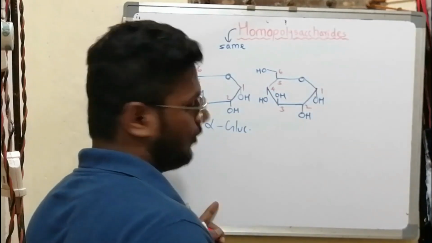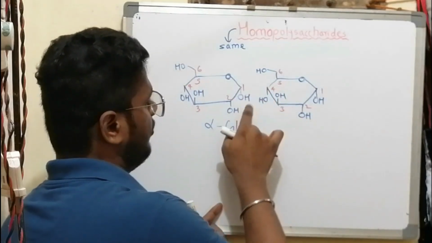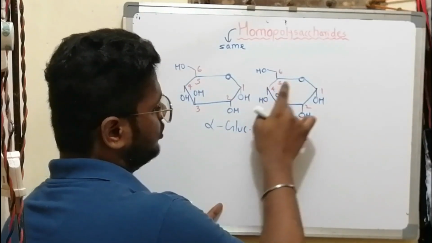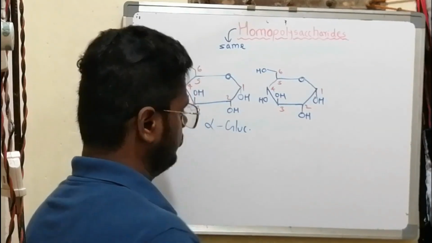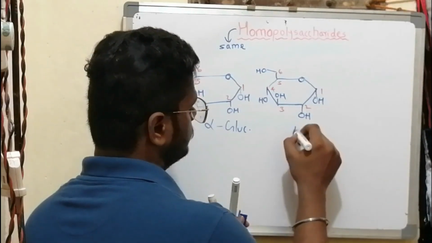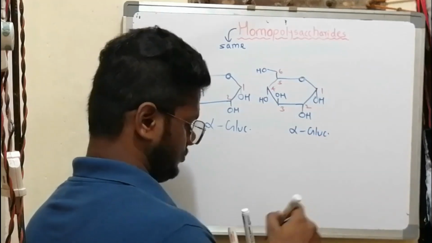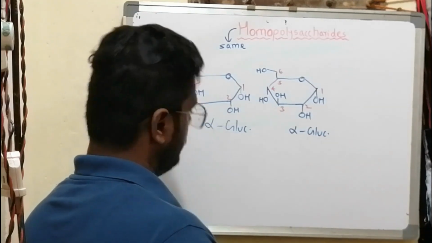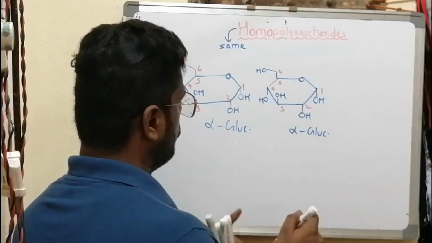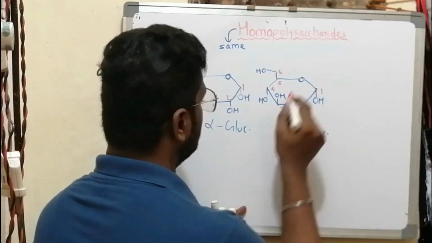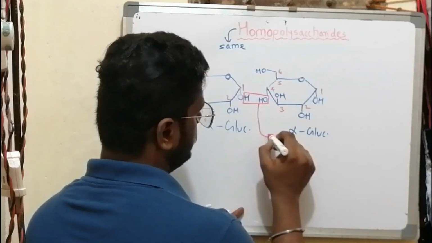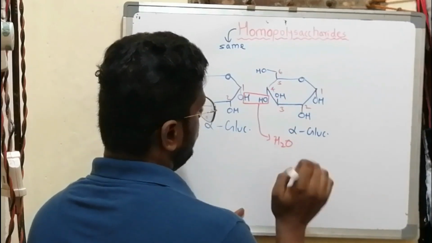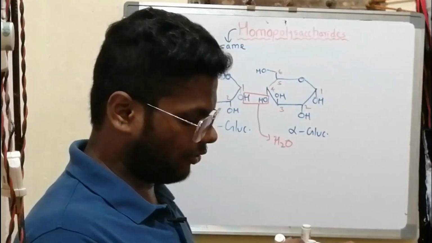Here we can form a glycosidic bond between the first carbon of the first glucose molecule and the fourth carbon of the second glucose molecule. This is also alpha glucose, and here as you can see we have two OH placed adjacently, and if I remove water from it, I will be getting a glycosidic bond.